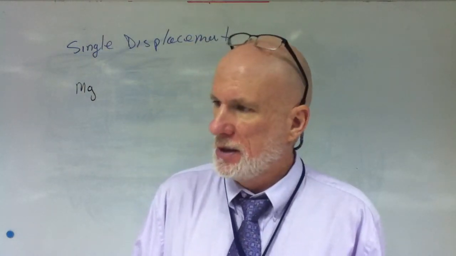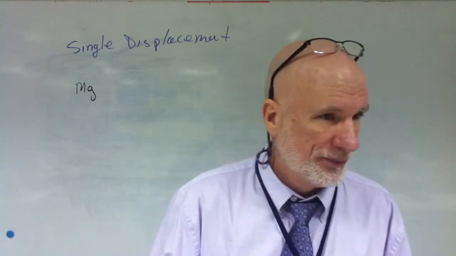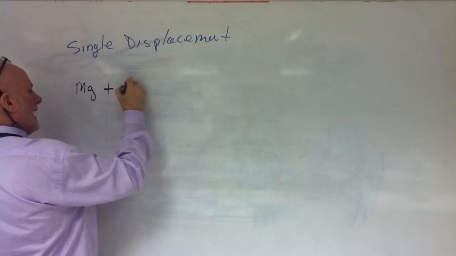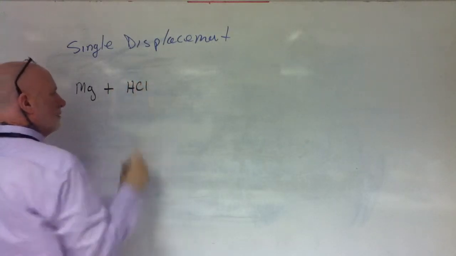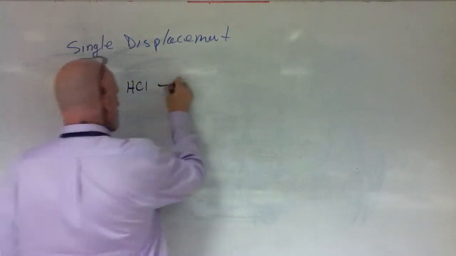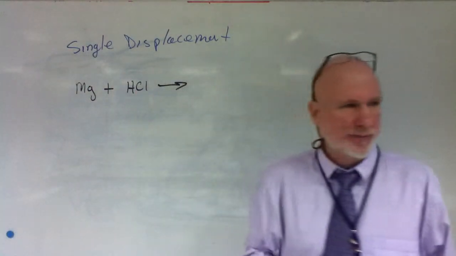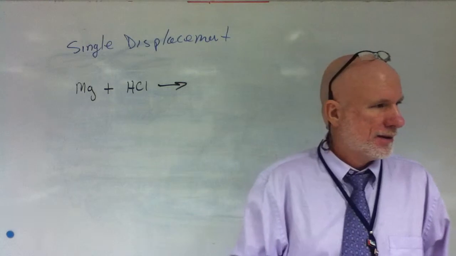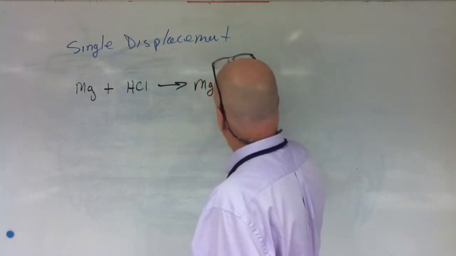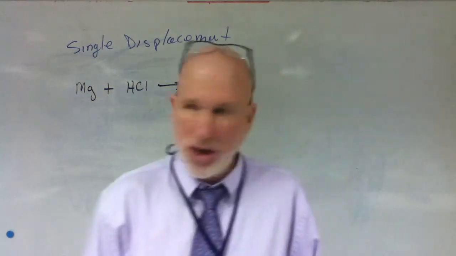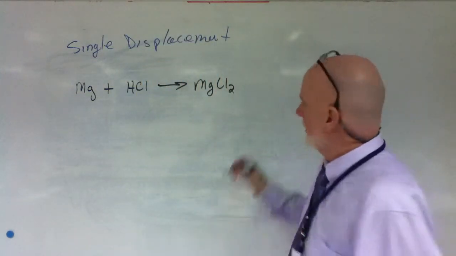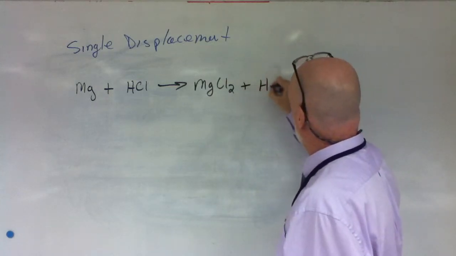For instance, if I have magnesium plus an acid, hydrochloric acid, what's it going to yield? A salt, which is magnesium chloride, very good, plus hydrogen. You have to know the stoichiometry, and how do you write hydrogen? H2. To balance it out, you have to put 2 HCl.